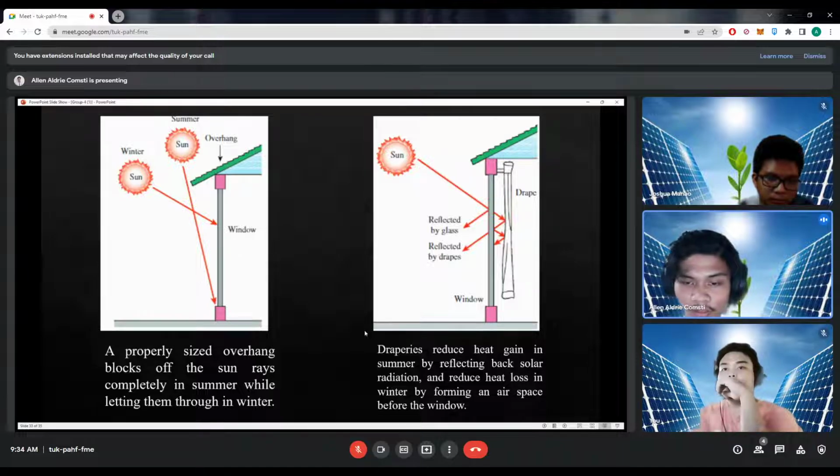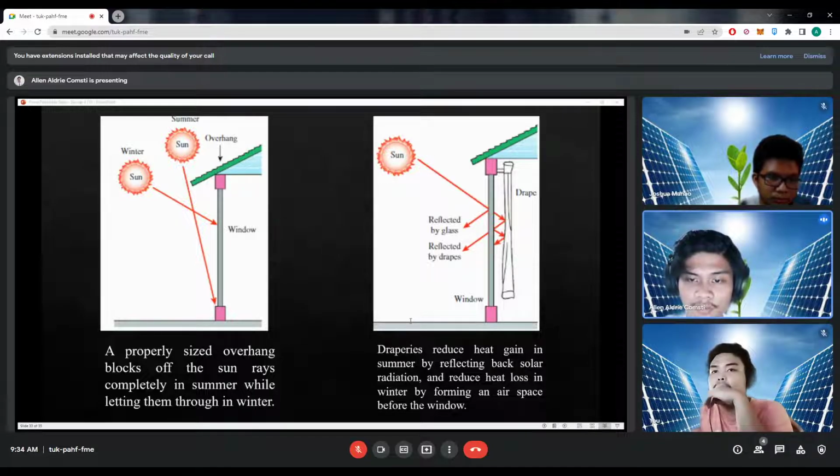considerably. On the right side, draperies reduce heat gain in summer by reflecting back solar radiation and reduce heat loss in winter by forming an airspace before the window. In summer, they reduce heat gain primarily by reflecting back direct solar radiation.